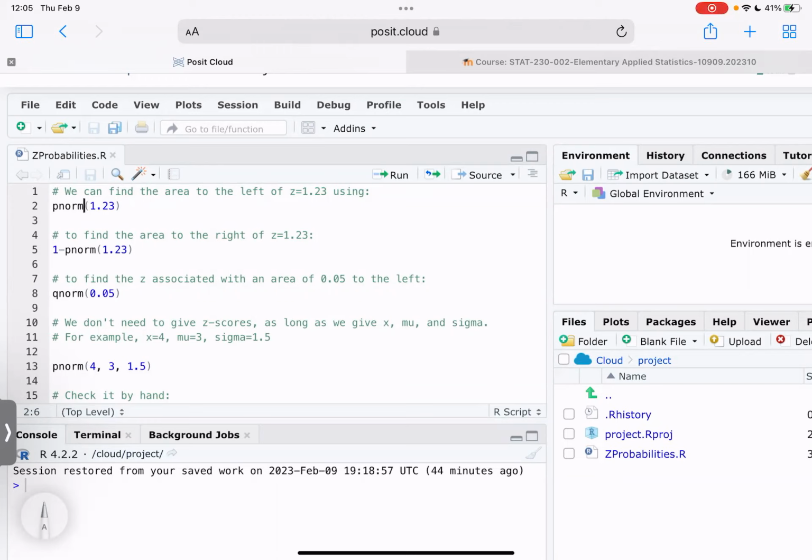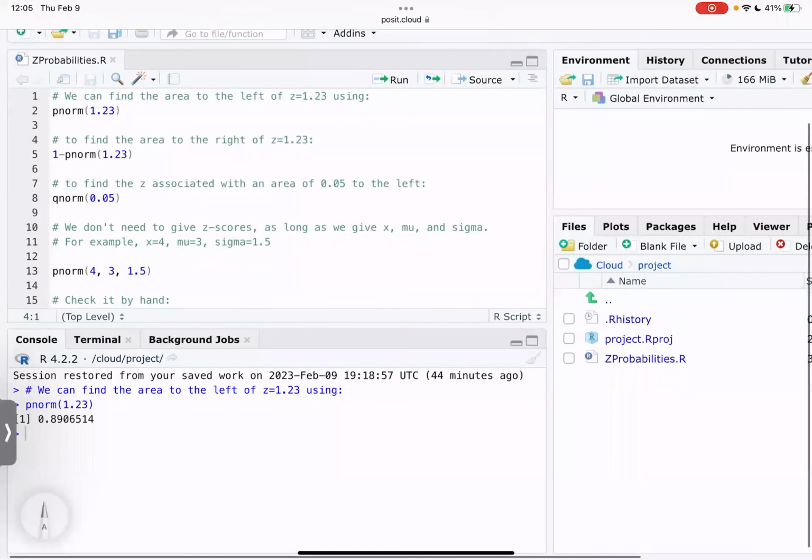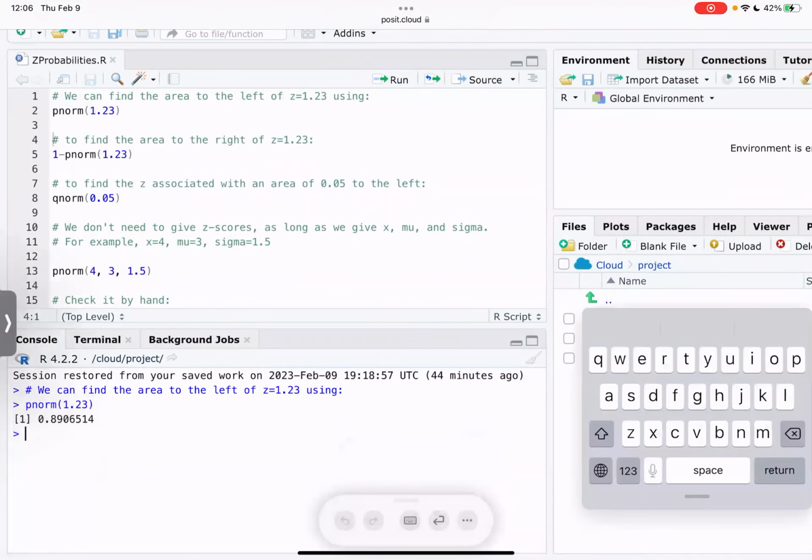What's going to happen when I do that is it bumps it down into the console. So this is where R is, and this is the brain that we are using. It's basically just a huge calculator. You can do things like calculate Z, even in here.